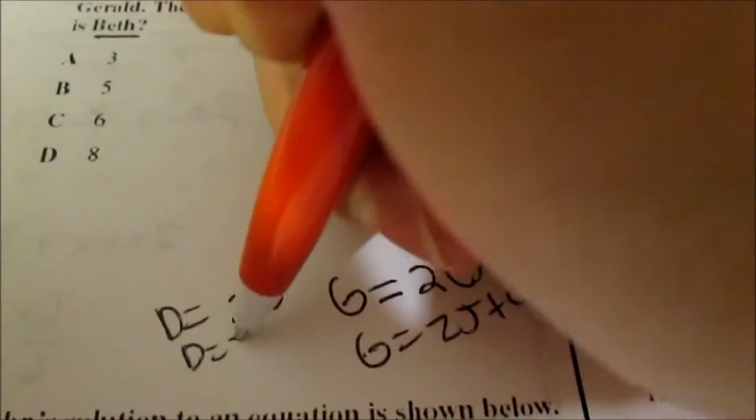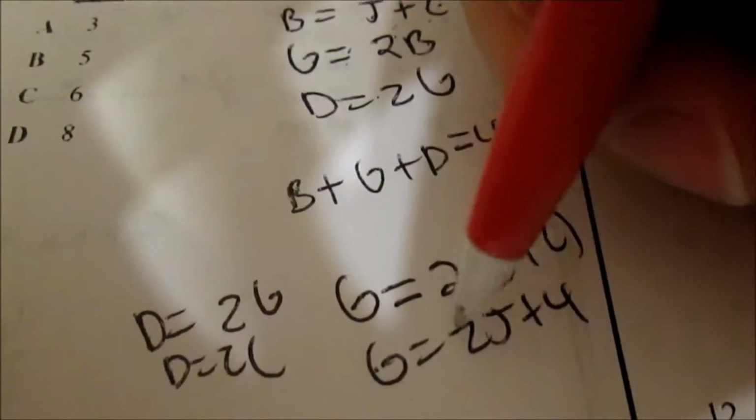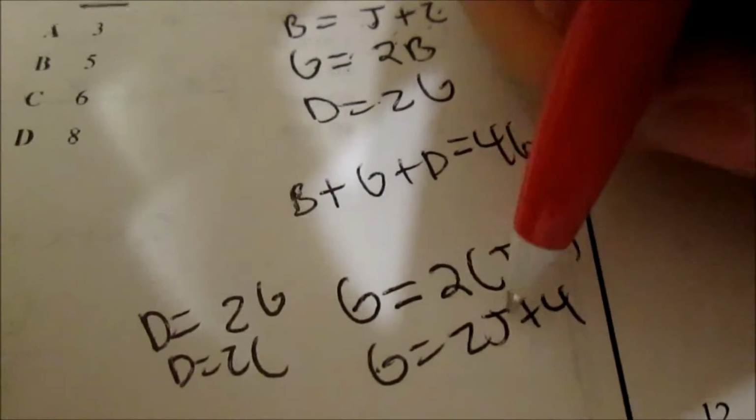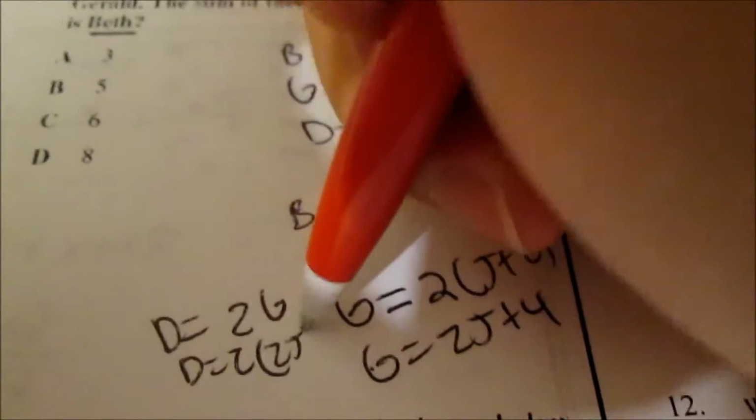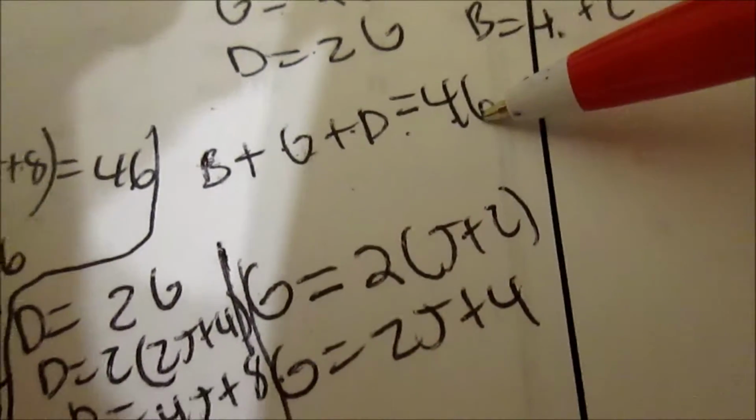D equals 2 times, okay, for G, I'm using this one here, 2J plus 4. So D equals 4J plus 8.